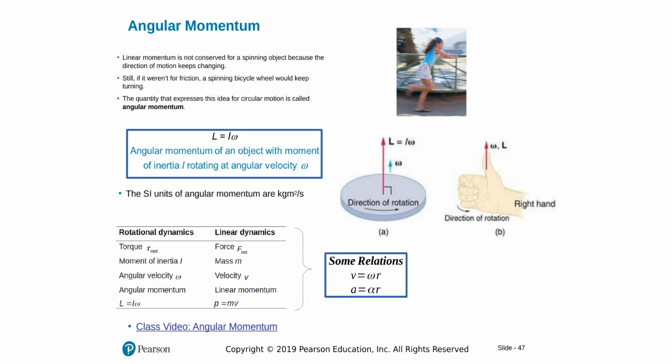We roll our fingers along the direction of rotation, and your thumb will be showing the direction of angular momentum L, which is also the direction of omega.